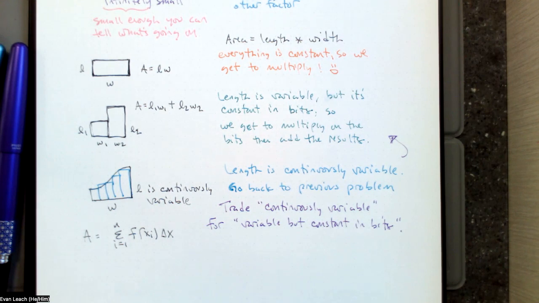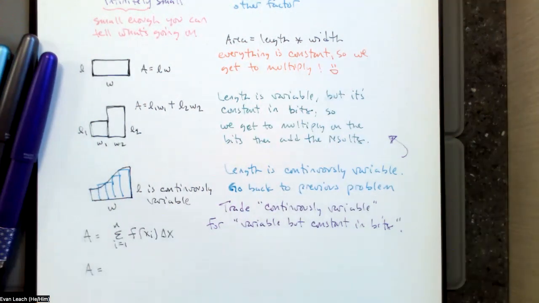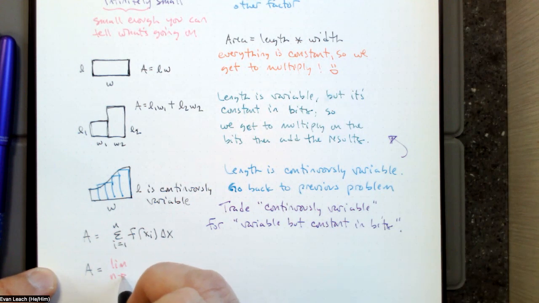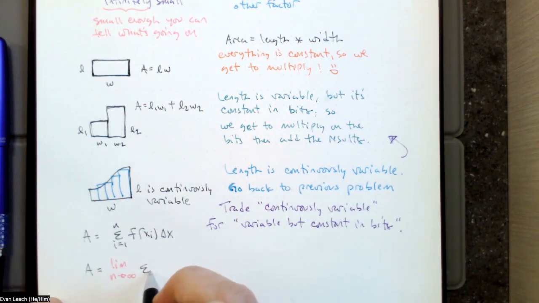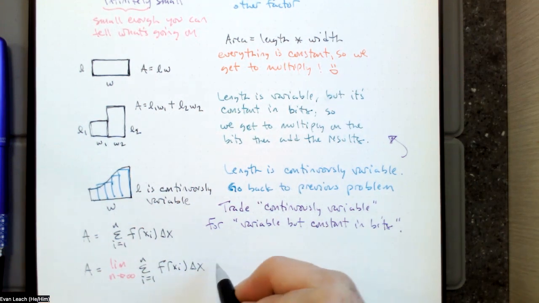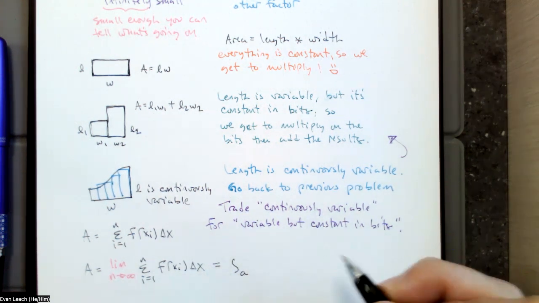Here we are going back to the previous problem, and then the calculus part is just do that forever. And that's where our discrete approximation becomes equal to our continuous sum.